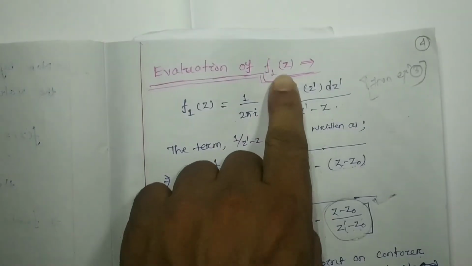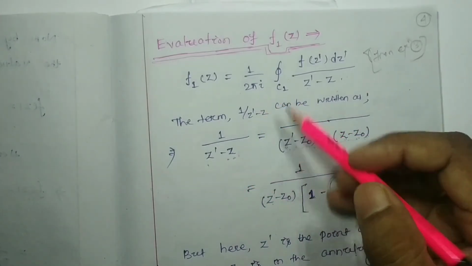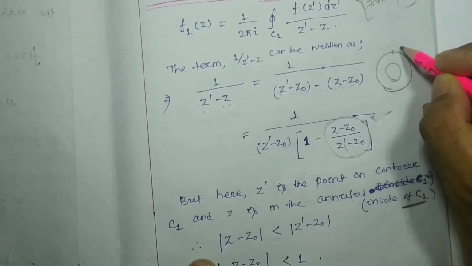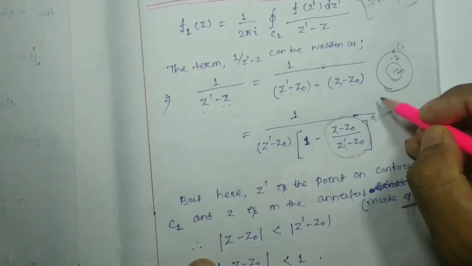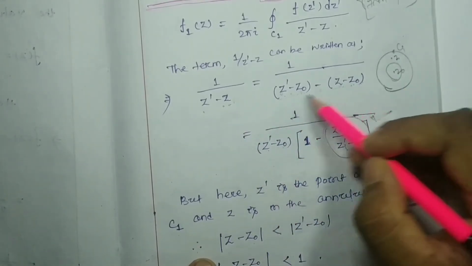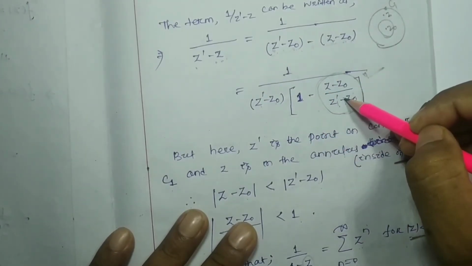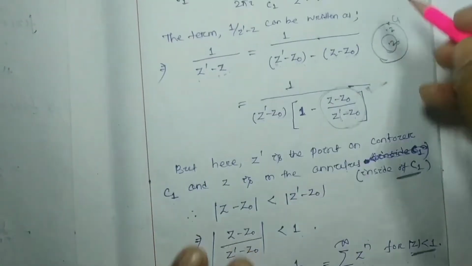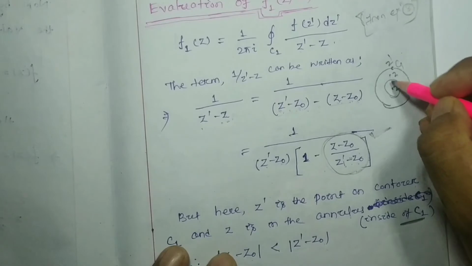When we evaluated f1(z), at that time z' is on the circumference of C1, because f1 means we have to consider the C1 circle. This is your z and this is your z0, right? So if we write this, then 1 by this much will be less than 1. That means for C1 it is (z' minus z0) minus (z minus z0).